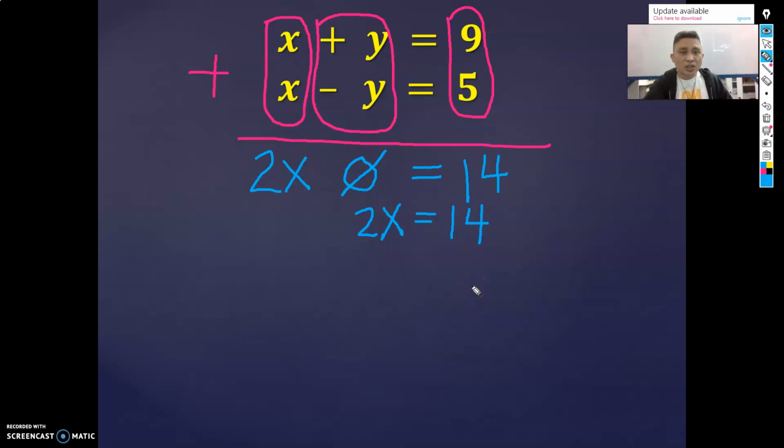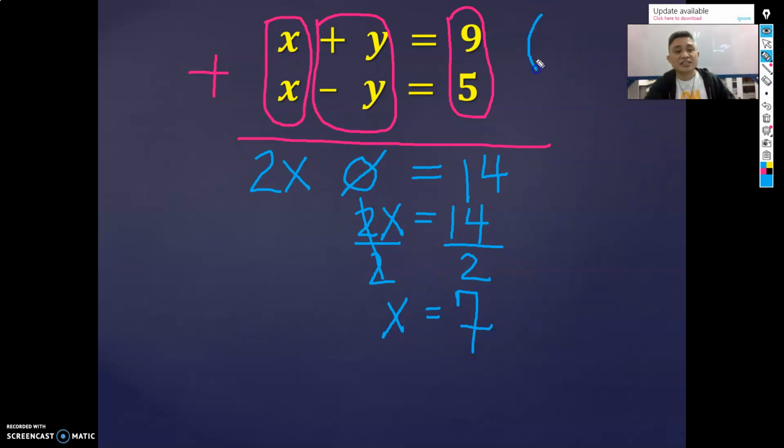Next, we are not solving for the value of 2x. We want to solve for the value of a positive x. So what we do is, whatever number is beside the x, we divide by it. In this case, it is 2. If I divide one side by 2, we divide the other side by 2 too. Cancel, because 2 divided by 2 is 1, so x is equal to 14 over 2, which is 7.